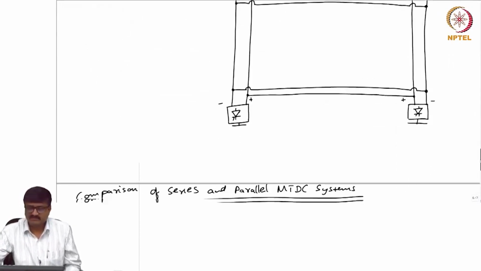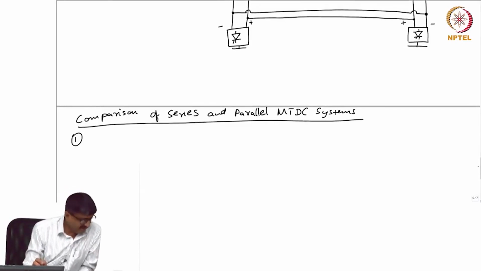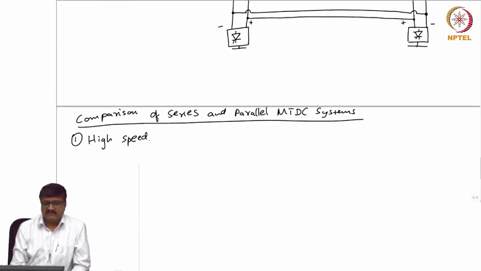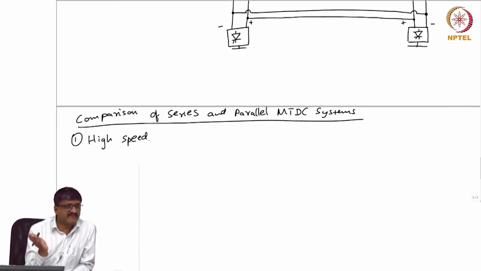Okay. So, there is one disadvantage of parallel systems, that is high speed. I may actually do the reversal of power flow in the case of series instantaneously, in a fraction of a second, because changing alpha takes only one cycle. In one cycle, alpha was such that the operation is as a rectifier.